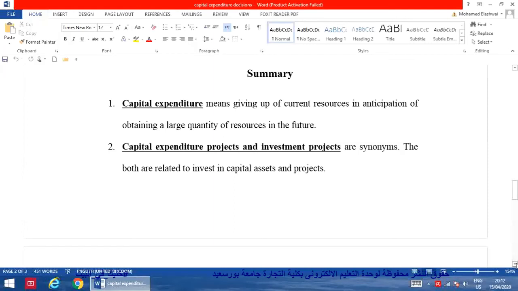Capital expenditure projects and investment projects are synonyms. They both are related to investing in capital assets and projects.